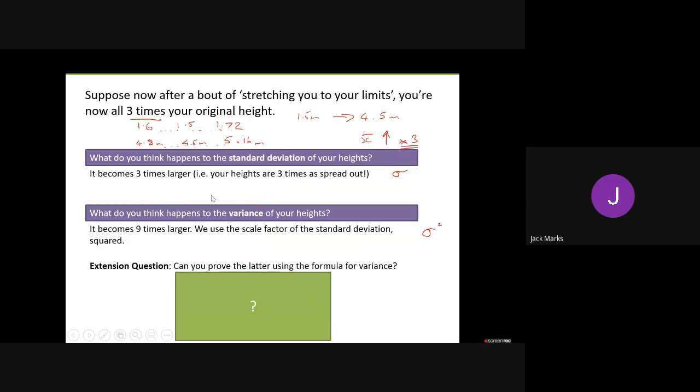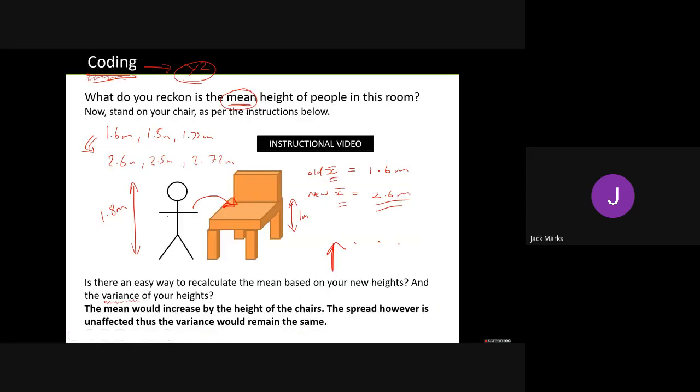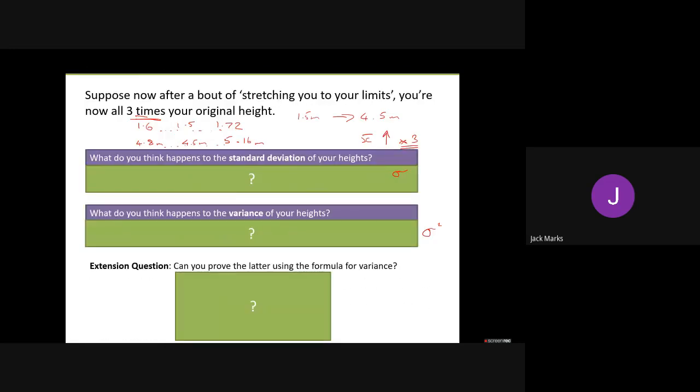It's just some extra ideas to get you thinking about how spread, that means standard deviation, and variance are affected by scaling. 3 times is a multiplication, and a multiplication or division we could call a scaling. So although they were not affected when you were adding numbers, standard deviation and variance are affected when you multiply or divide.